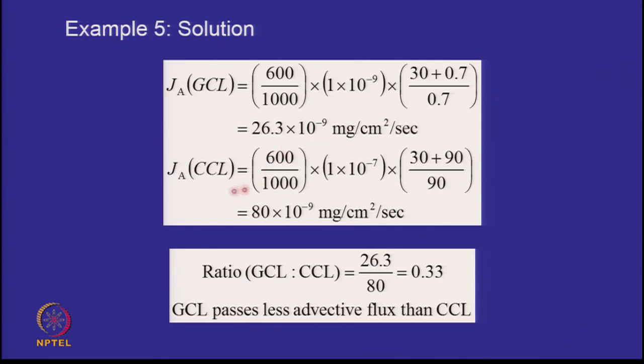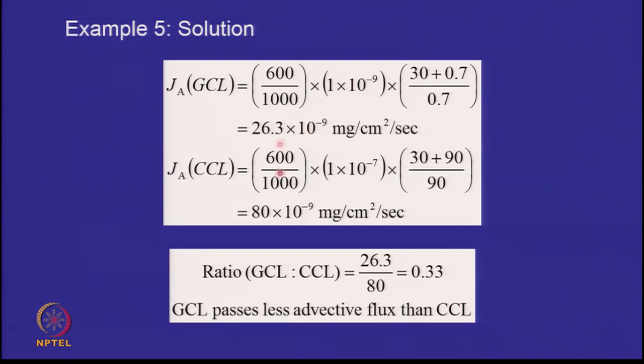Then if you go to the compacted clay liner, the concentration is still the same. Two things happen. Permeability is 10 to the power of minus 7 and the hydraulic gradient changes. And this causes the advective mass flux to be 80 into 10 to the power of minus 9 milligram per centimeters per second. So what does this show us?